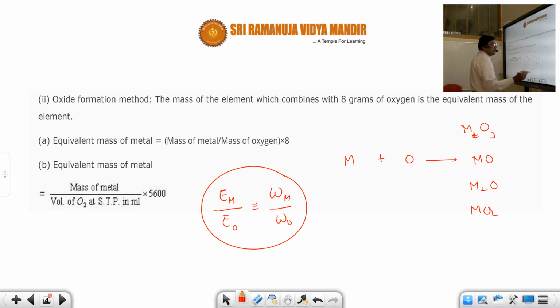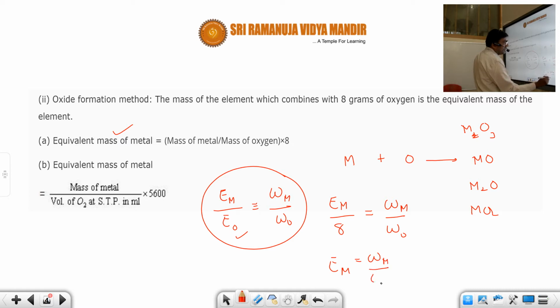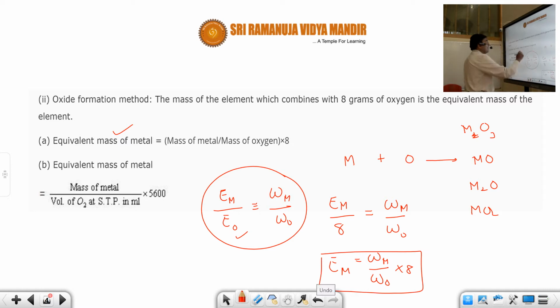How do you know this? Students, you can see here: equivalent weight of the metal by equivalent weight of oxygen, which is 8, is equal to mass of the metal by mass of the oxygen. So the equivalent weight of the metal is mass of the metal by mass of oxygen into 8. You got the same formula.